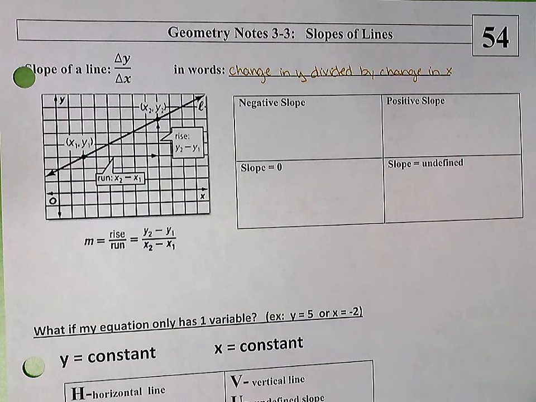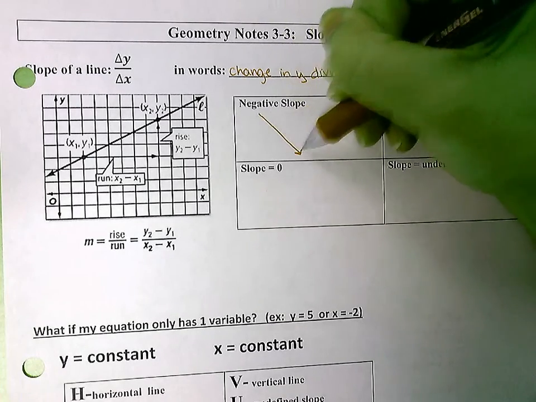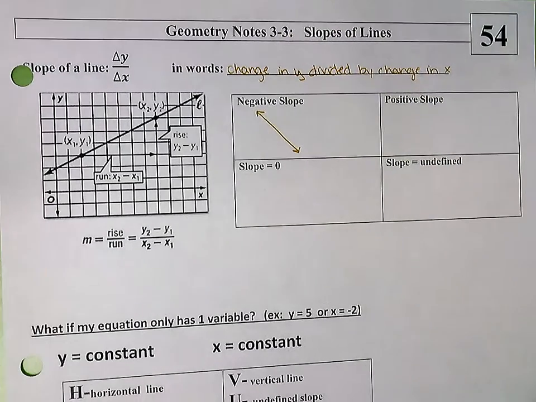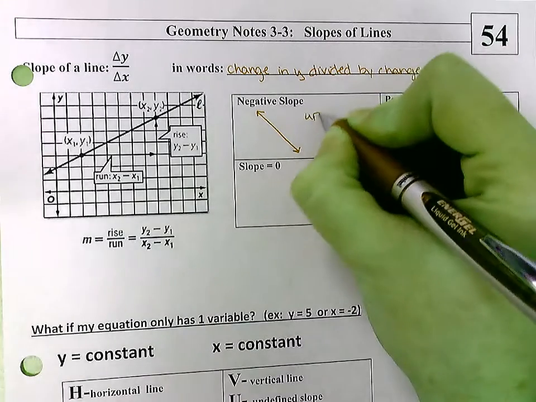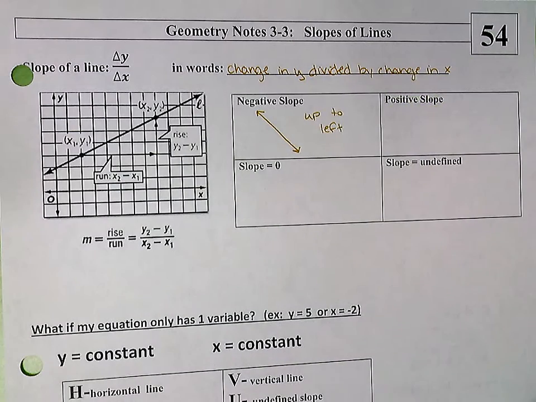Our different slopes: a negative slope looks like this. That would be a negative slope that is up and to the left, or down and to the right, same thing.